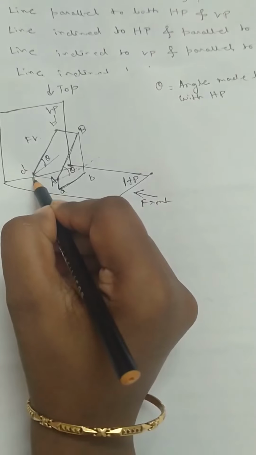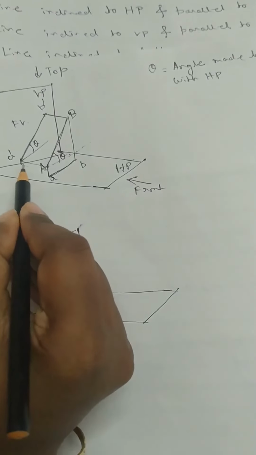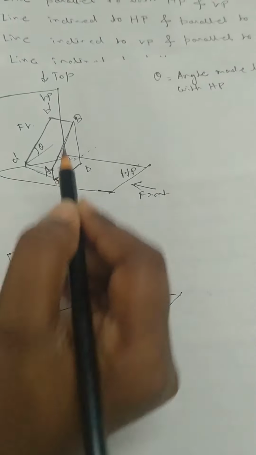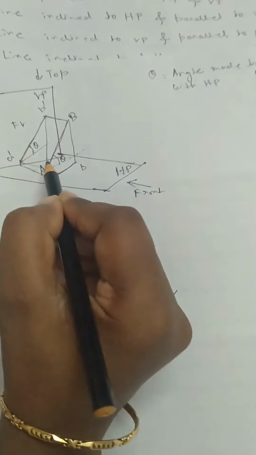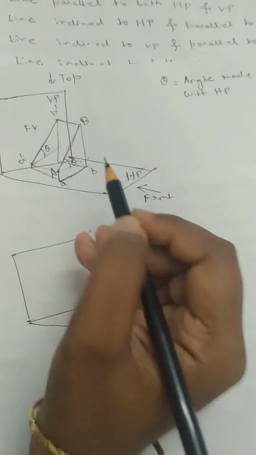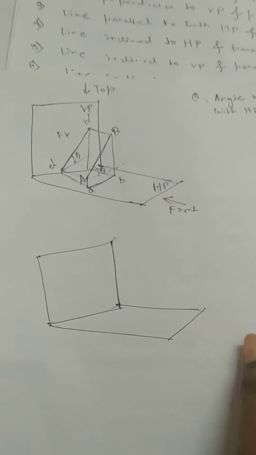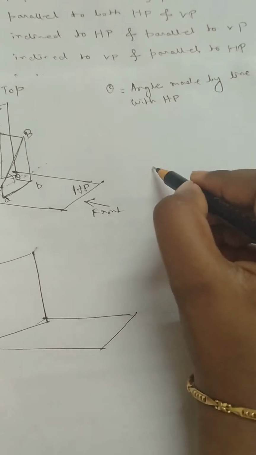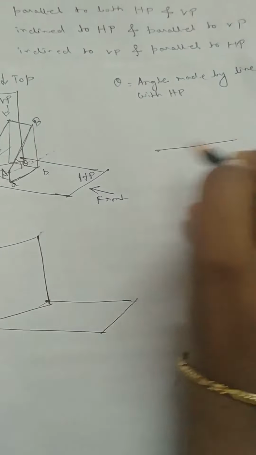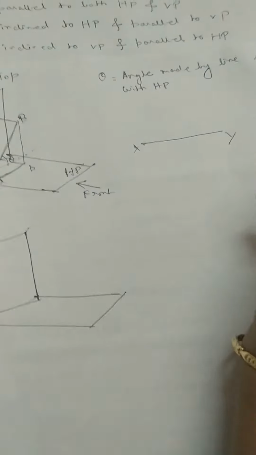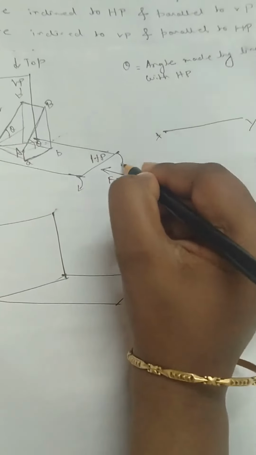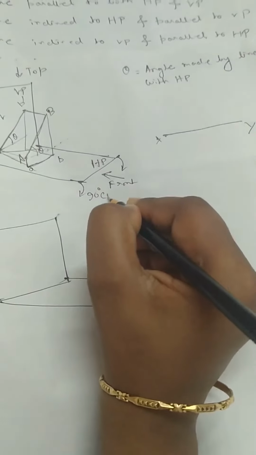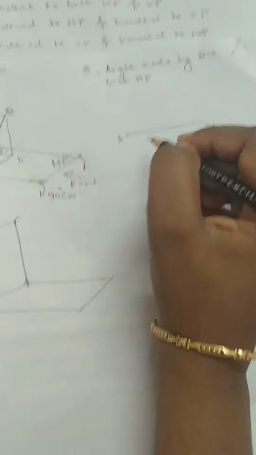So now we are going to join our projection line. So now what will be our 2D plane drawing? Again same concept. Rotate 90-degree clockwise direction.